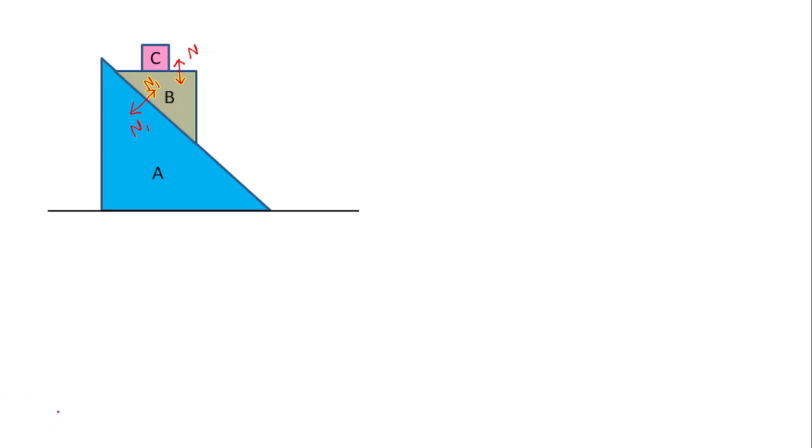Let us write the equations here. How? For C I am talking. This is C. So, for C what is happening? It is feeling a force mg, its mass is small m. So, mg downward is the force and upward what force?